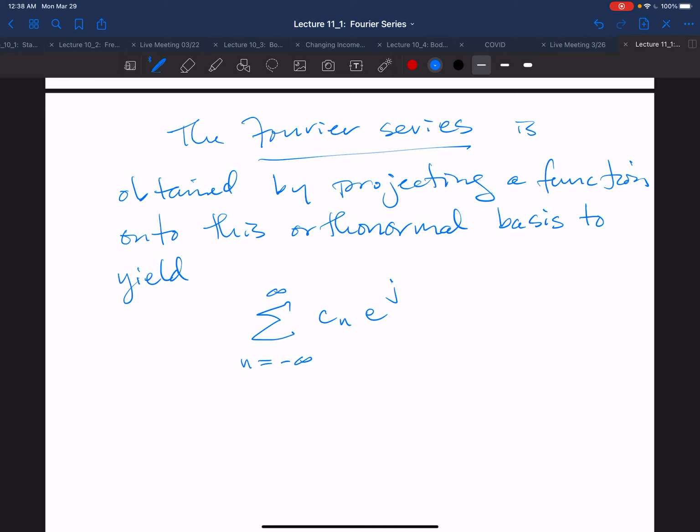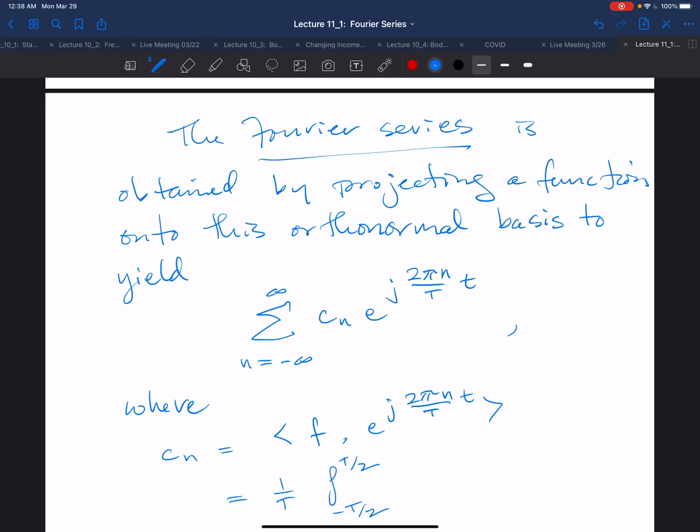And we write it as the sum from n equals minus infinity to infinity of c sub n e to the j 2 pi n over capital T times t, where again the c sub n's are obtained simply by taking the projection of the function f onto the complex exponential e to the j 2 pi n over capital T times little t, which is of course 1 over T times the integral from minus T over 2 to T over 2 of f of t e to the minus j 2 pi n over capital T little t dt.